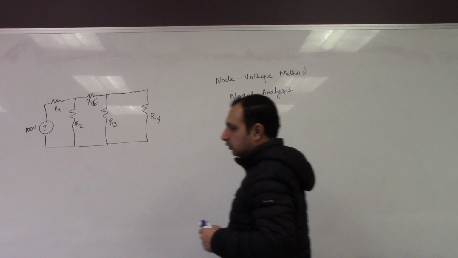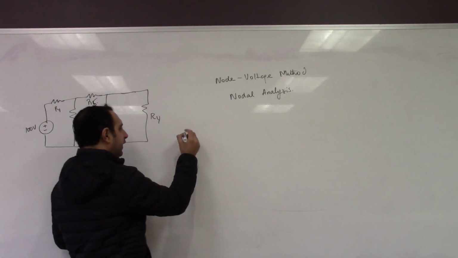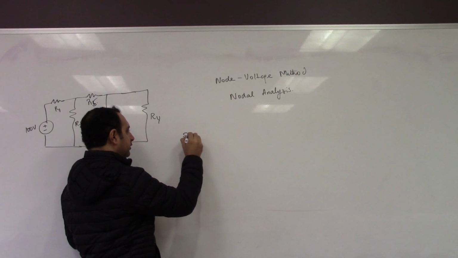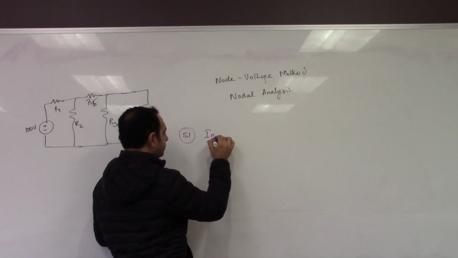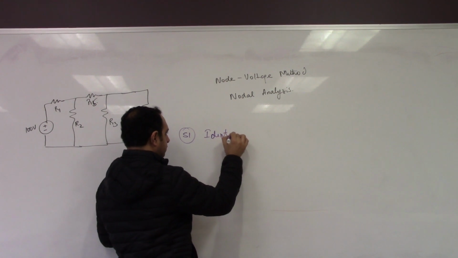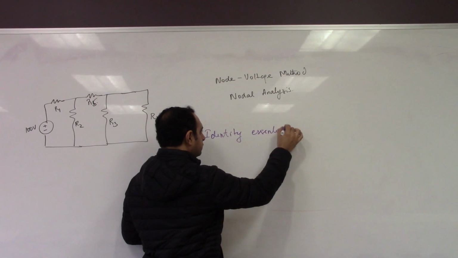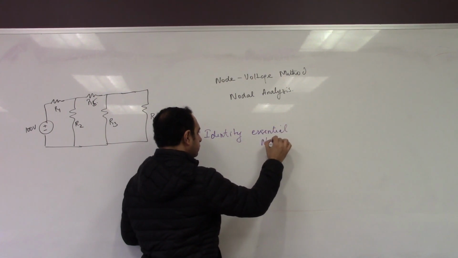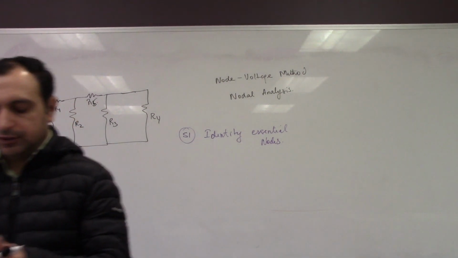Whenever we do node voltage, the very first step is to identify essential nodes. What is an essential node? Step one, I'll write it as identify.